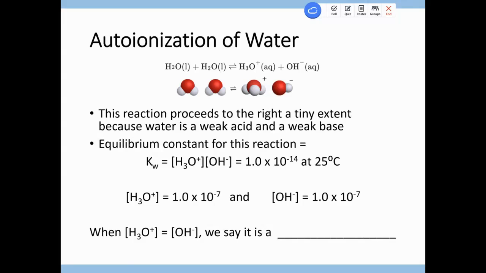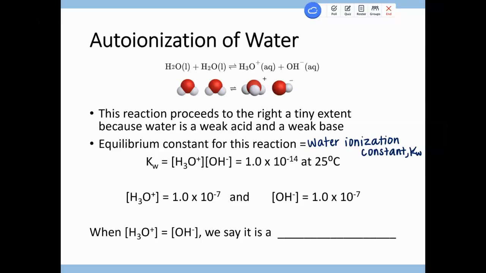So the K expression is H3O plus concentration times OH minus concentration. At 25 degrees Celsius, for pure water without any acid or base present, it's always 1 times 10 to the negative 14. This value will become really useful when we are doing future calculations. This equilibrium constant is sometimes called the water ionization constant, Kw.